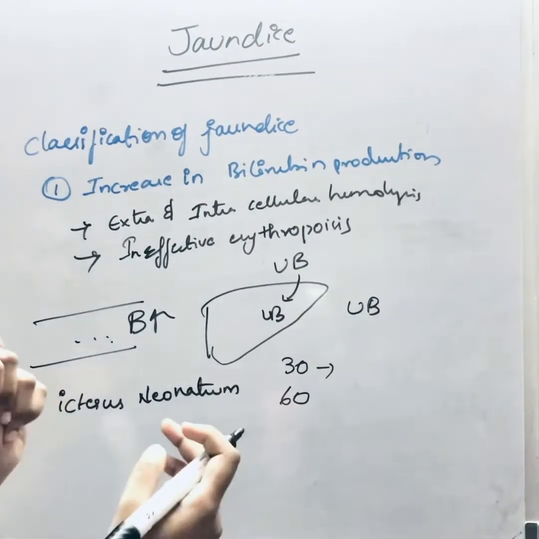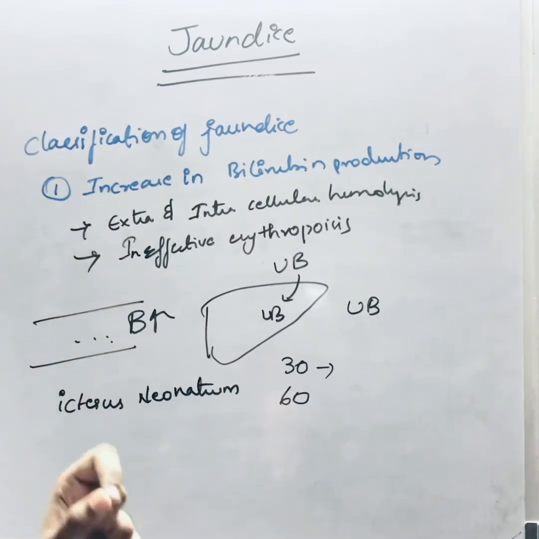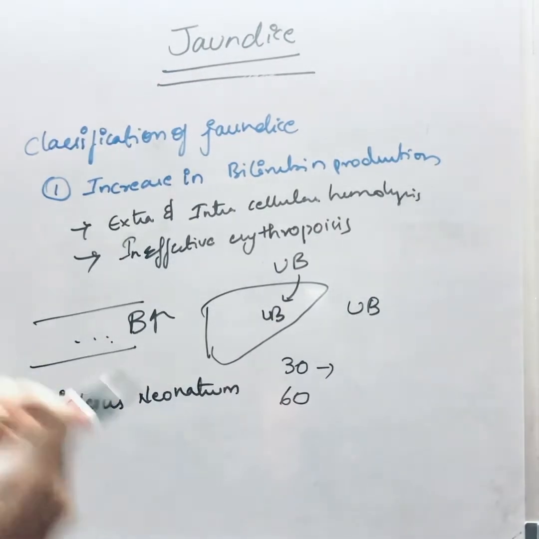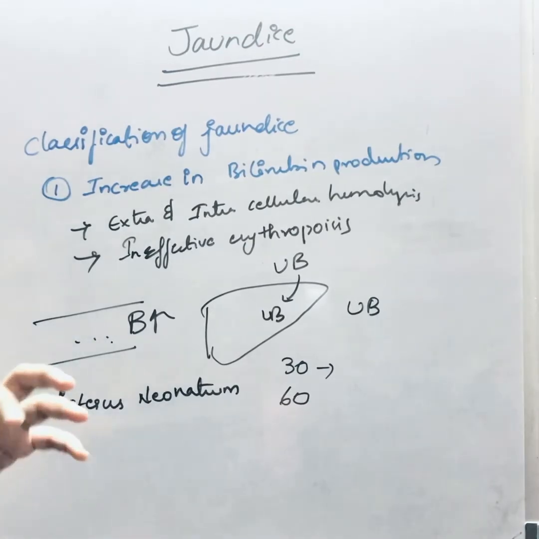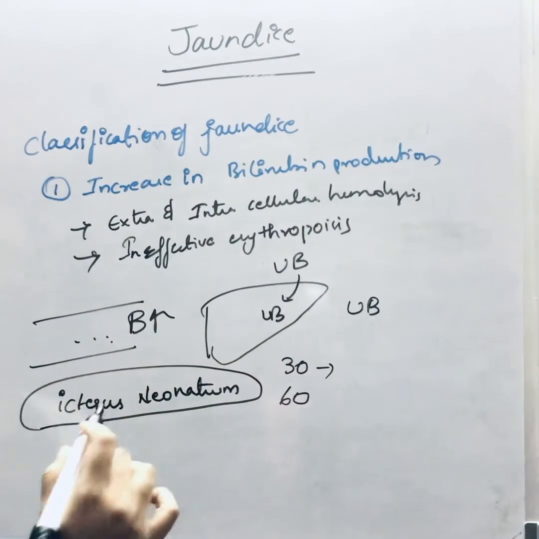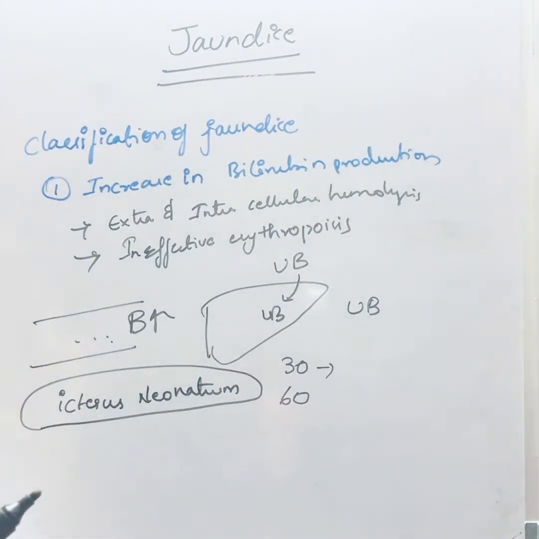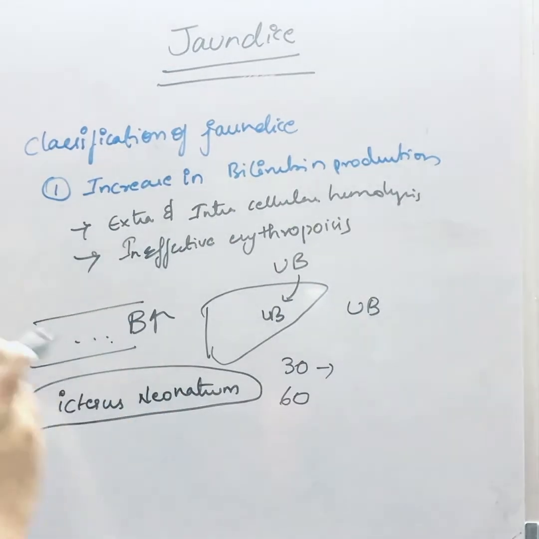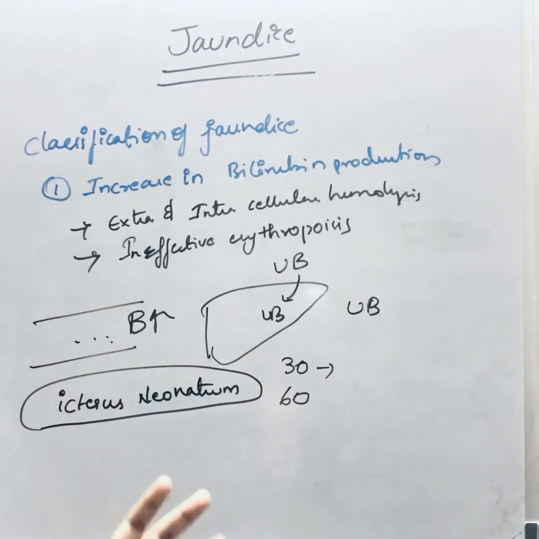If this unconjugated bilirubin is increased and the RBC is not formed effectively, then because of these two reasons, in infants it may lead to icterus neonatorum. This condition, an increase in bilirubin production and a decrease in RBC formation, may lead to icterus neonatorum in infants.